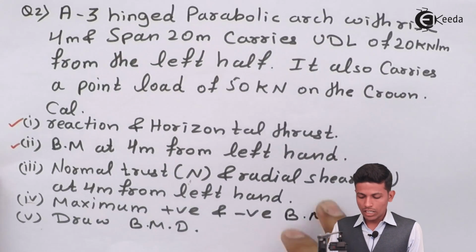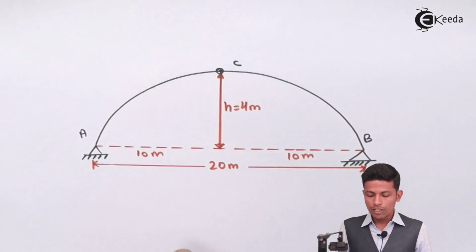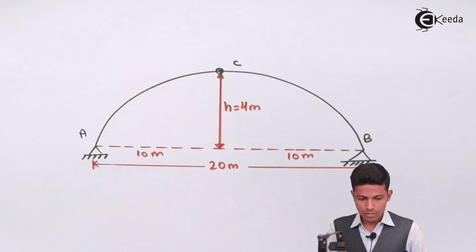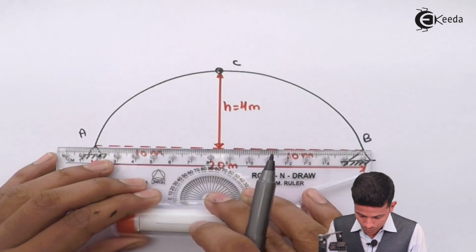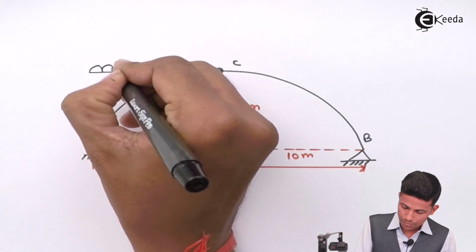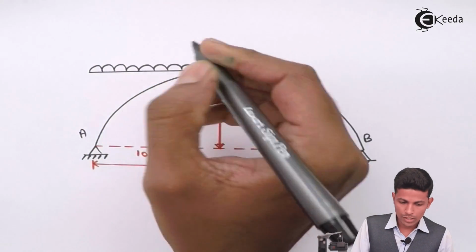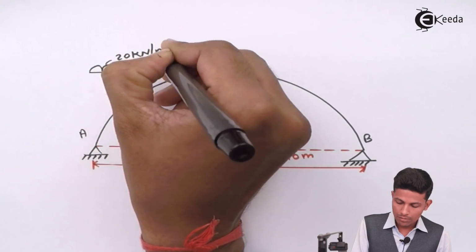Now see, it carries a UDL of 20 kilonewton per meter from the left half. Means the left half is carrying a UDL. Its intensity will be 20 kilonewton per meter.